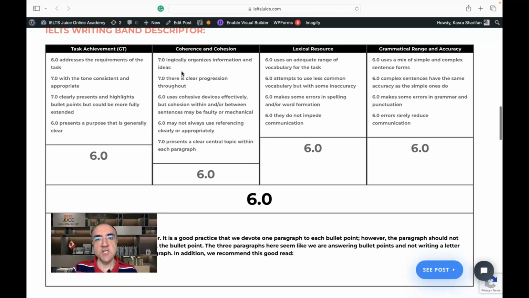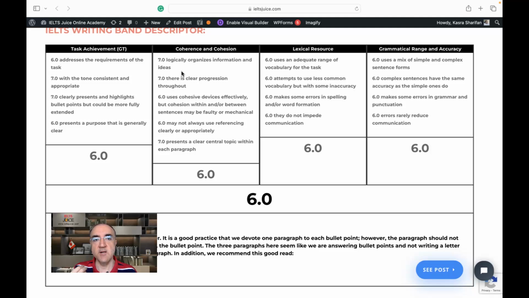Yes, the organization of information was logical because the bullet points were there and all the 3 bullet points were addressed. But there were instances where the connection between sentences was faulty, and the discourse markers somehow were not accurately written. The paragraphs were clear, but still there was room for improvement.